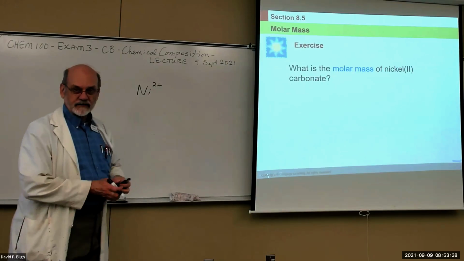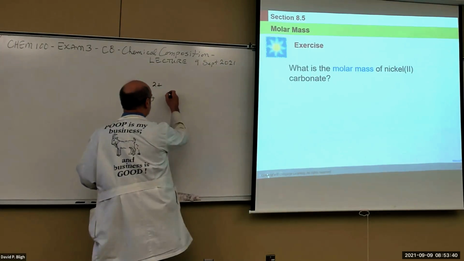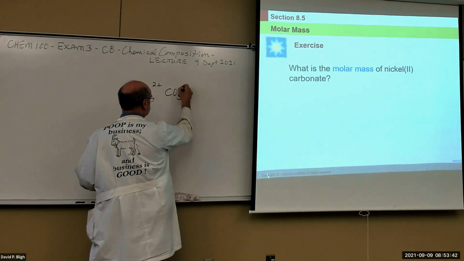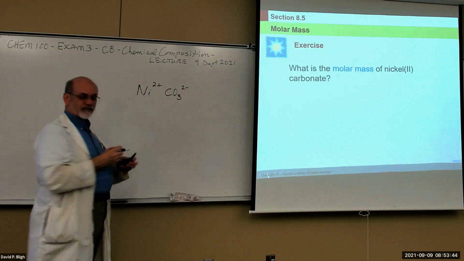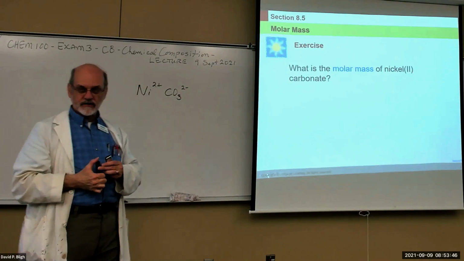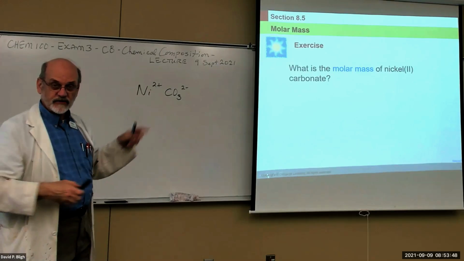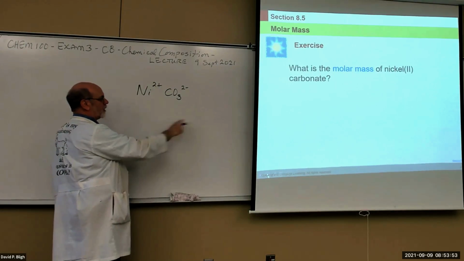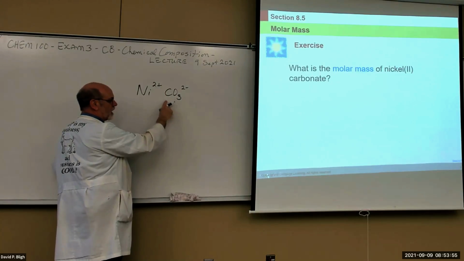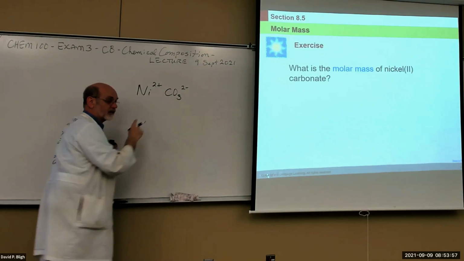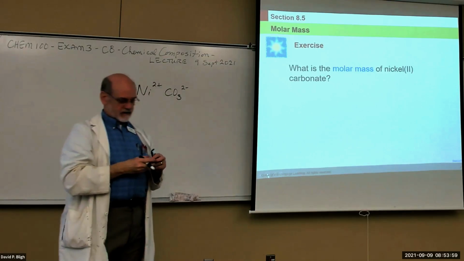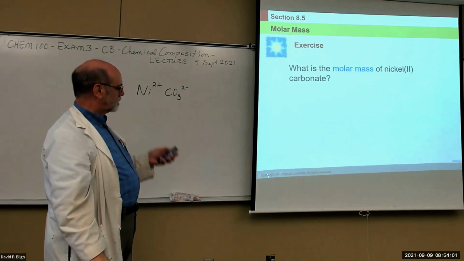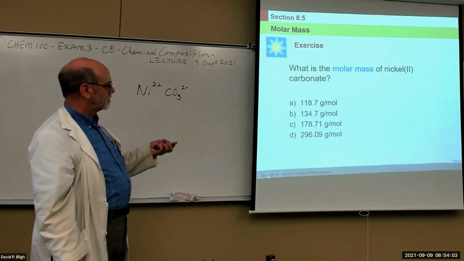And then you have carbonate. So we have to know what carbonate means. Carbonate is a polyatomic ion with a 2- charge. So you only need one of each. So if we know the molar mass of this one, the molar mass of that one, 3 times the molar mass of this one, add them together, that will give you the molar mass of nickel carbonate.